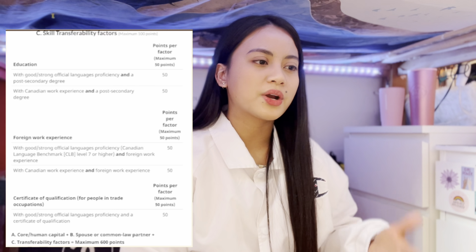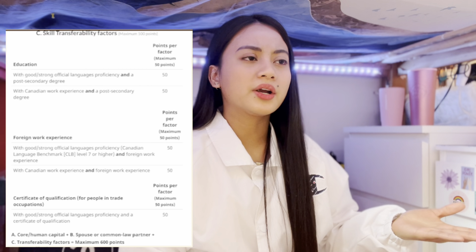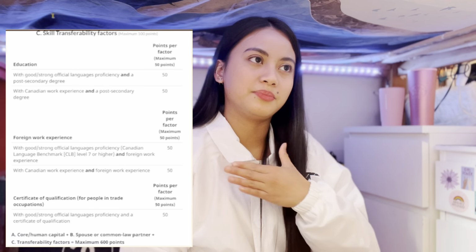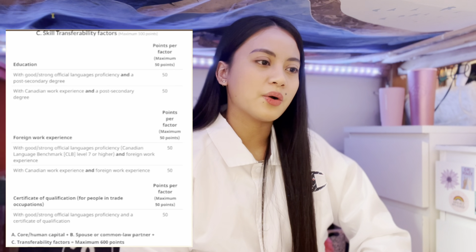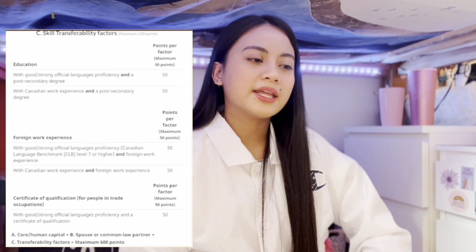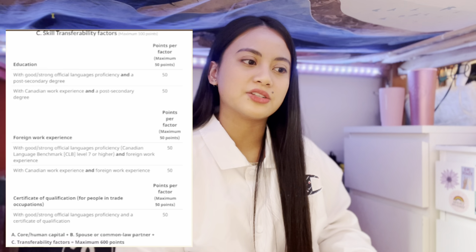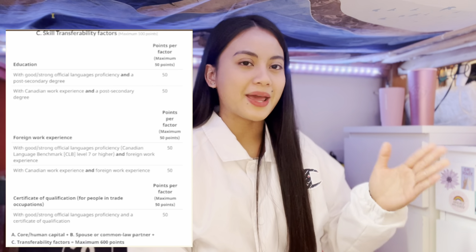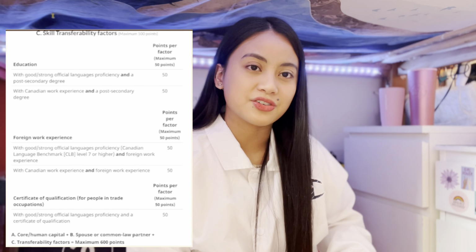And then the foreign work experience, if you already worked before going to Canada, which in my case, I haven't worked before. I flew straight here after my study in the Philippines. So that's 0 for me. And then the certificate of qualification, these are for the people in trades occupation. If you add all from A to letter C, you'll have a maximum of 600 points.